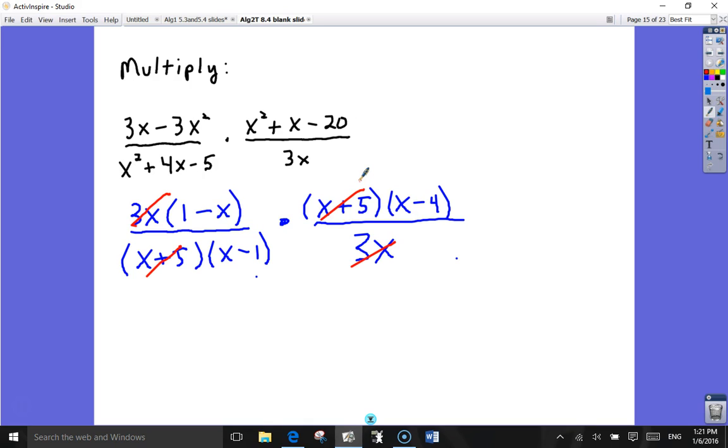What about 1 minus x and x minus 1? Do they cancel? They're not the same thing, but what's the relationship between them? I always use the example of, what is 3 minus 1? What is 1 minus 3? -2. They're opposites, right?